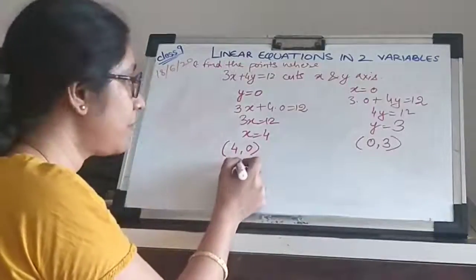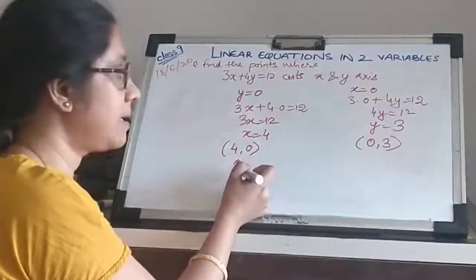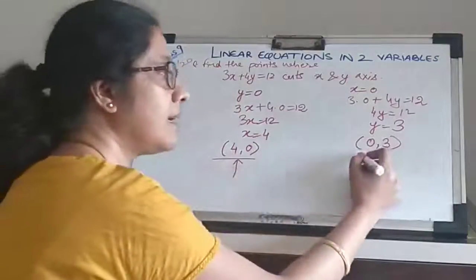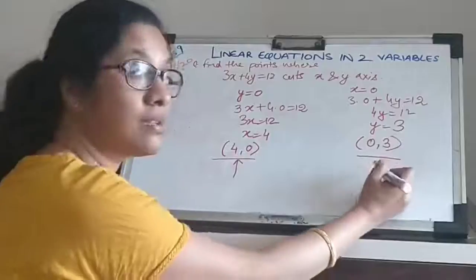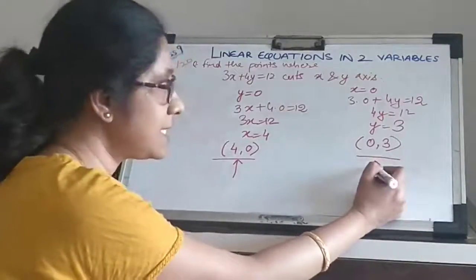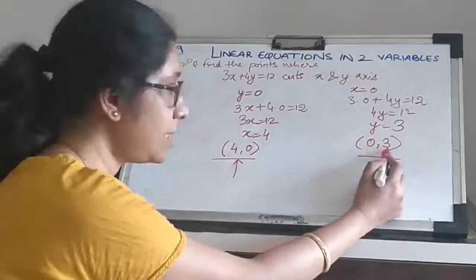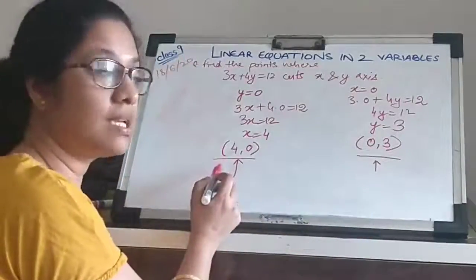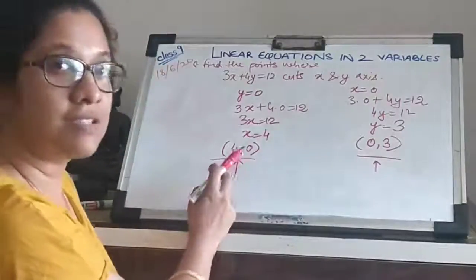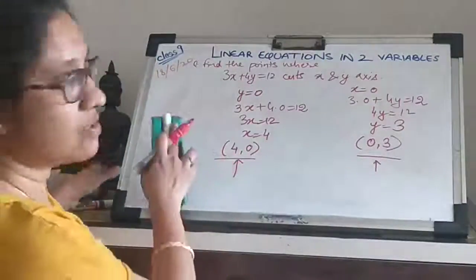The point at which the given equation cuts the x-axis is (4, 0), and the point at which the line intersects the y-axis is (0, 3). Simple enough, quite straightforward.